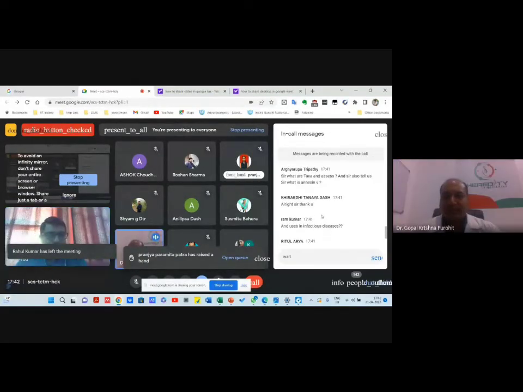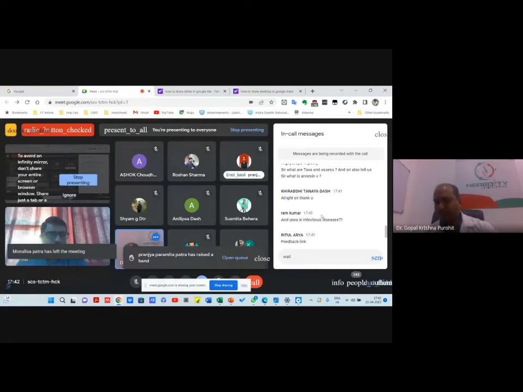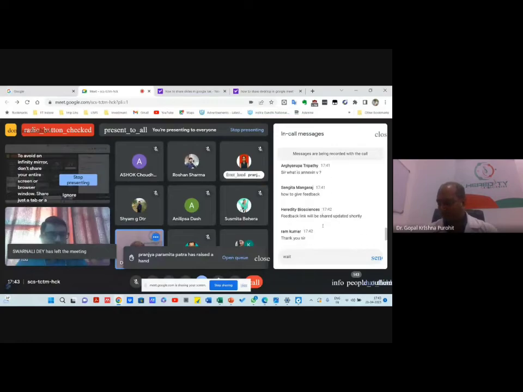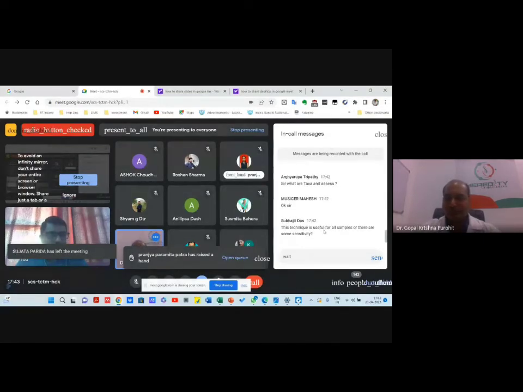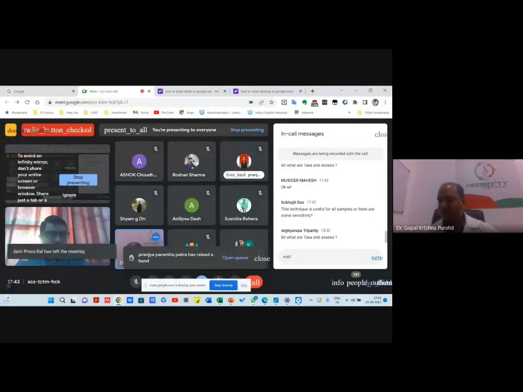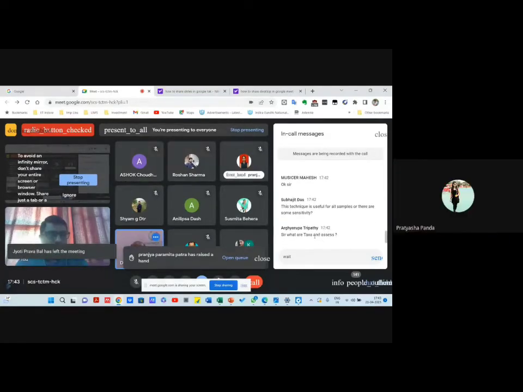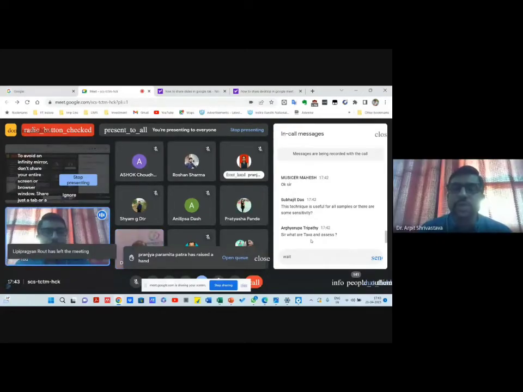Any other questions? Hexa is a dye. We are using different fluorescent dyes, and on the basis of it, different dyes have different fluorescence spectra.